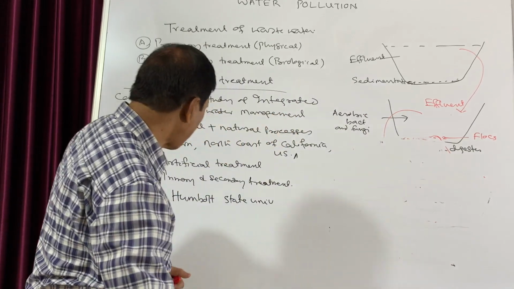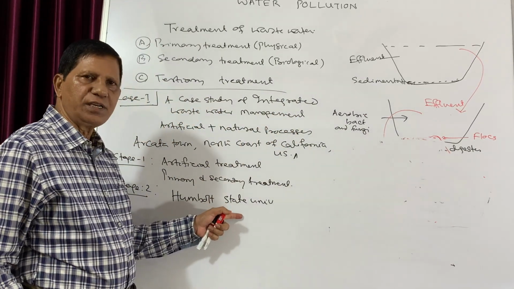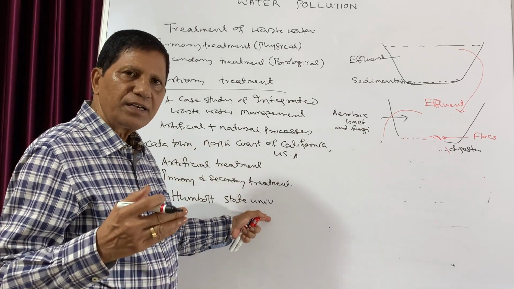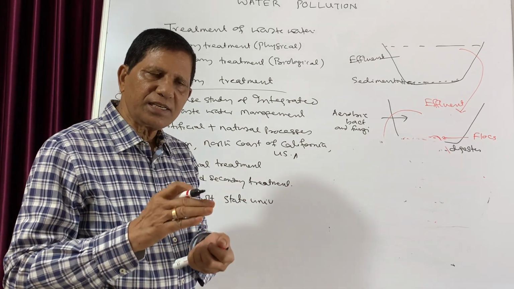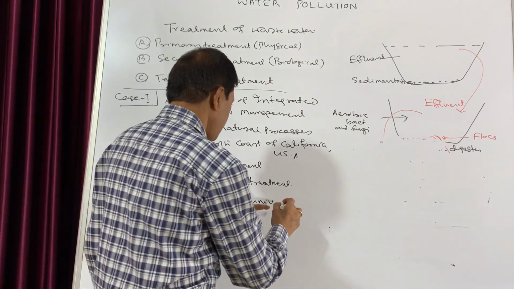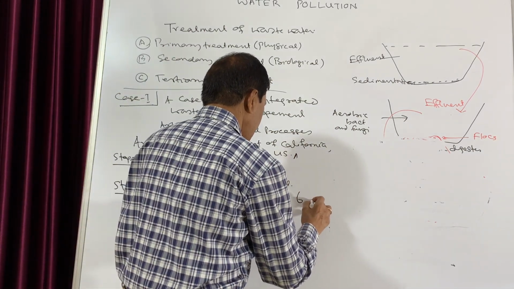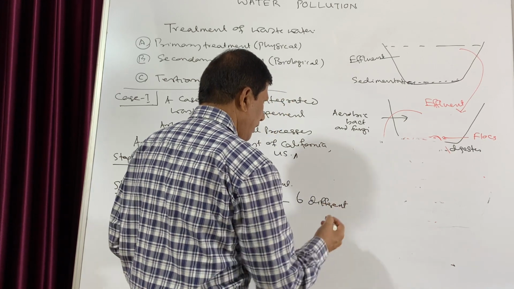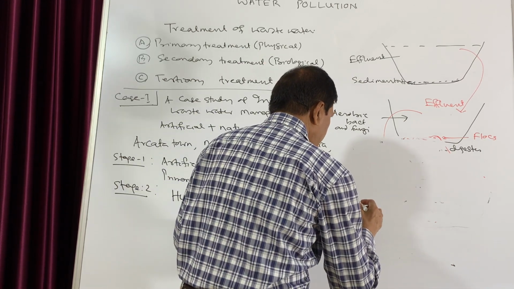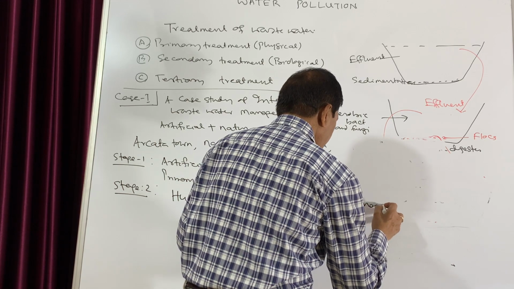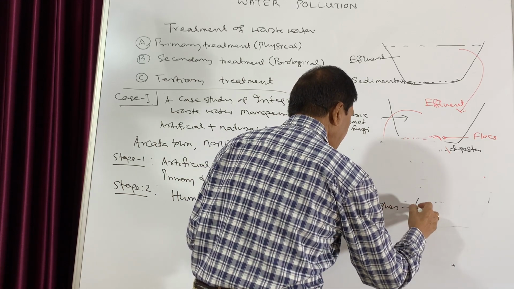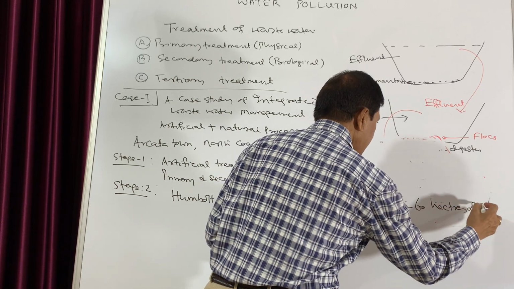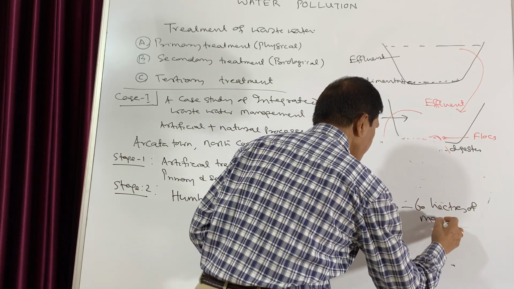The biologists of Humboldt State University selected 6 different masses covering 60 hectares of marshland.